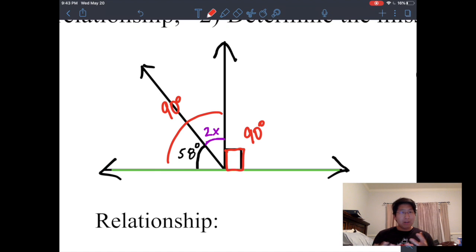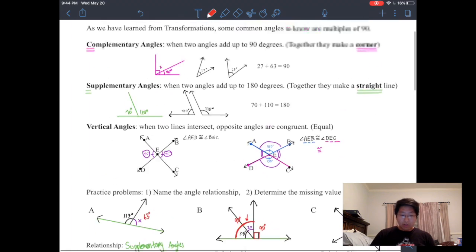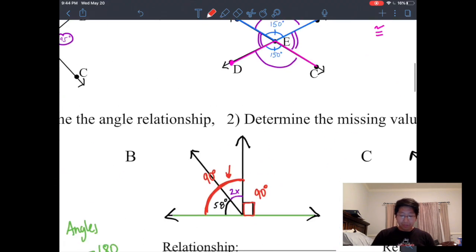So I know I might have confused you saying, oh, straight line. But what I really want you to look at is the relationship right here. I'm going over it again. This 90 degrees, I want you to look at that, and I want you to see that 2x and 58 create complementary angles.